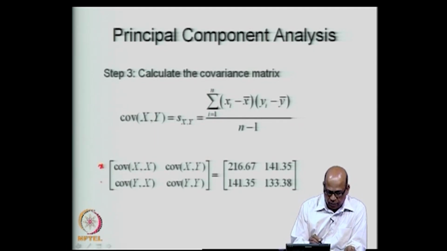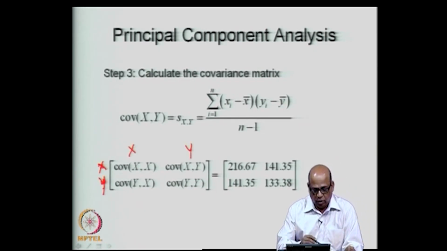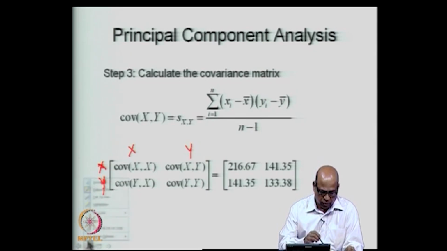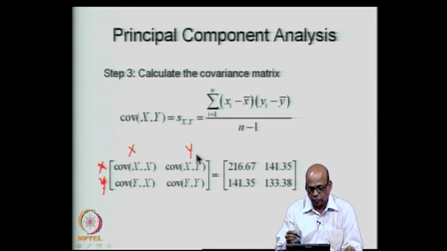Recall from your earlier lectures, I am dealing with random variables here, so let us write capital X and Y. The covariance matrix is formed by covariance of X comma X, X comma Y, Y comma X and Y comma Y, and the covariance between two variables is obtained as the sum of (x i minus x bar) times (y i minus y bar) divided by n minus 1, where n is the number of data, 15 in this particular case, and x i and y i are from your table here.